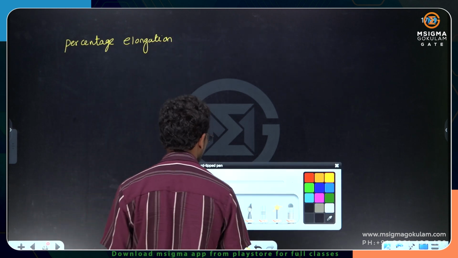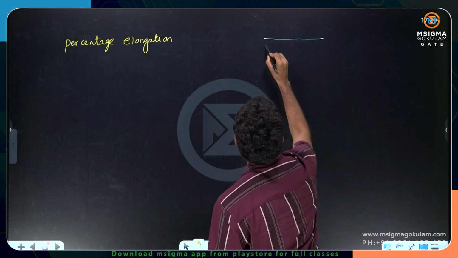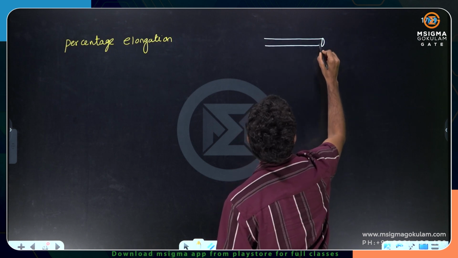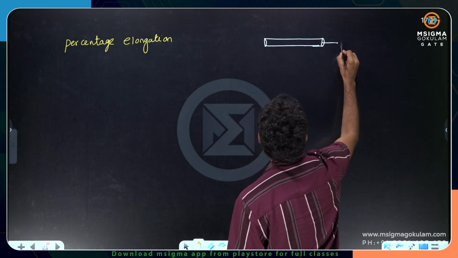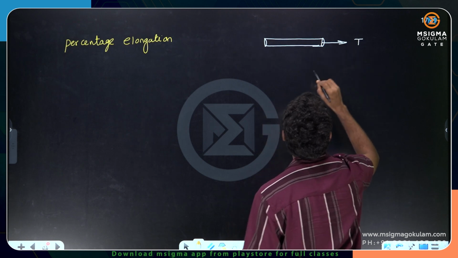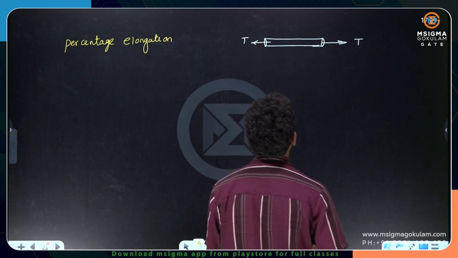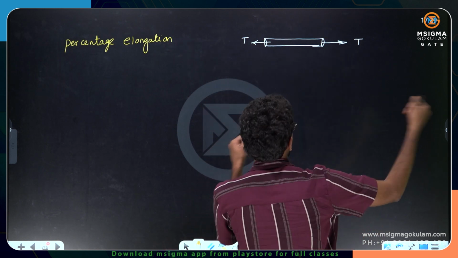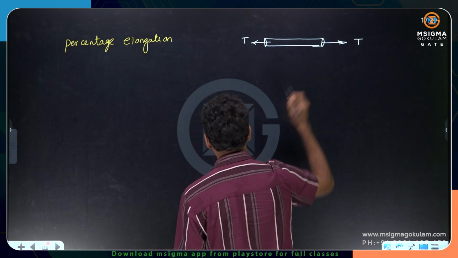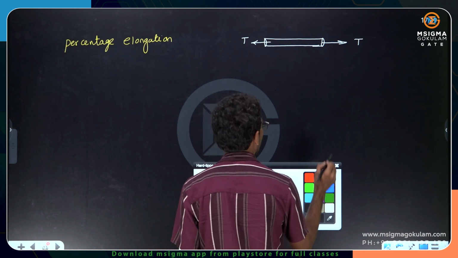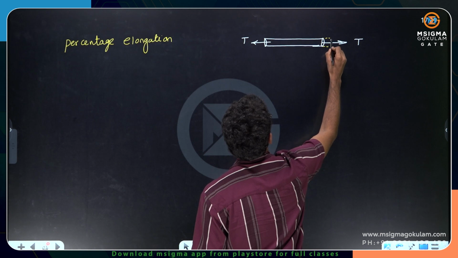Very simple. You take the steel bar, let's say this is the steel bar we are having. Now you apply the tensile force on the steel bar, what happens? When you apply tensile force on the steel bar, it undergoes elongation. So there is an increase in the length of the bar. When you stretch it, there is a deformed length we can have.